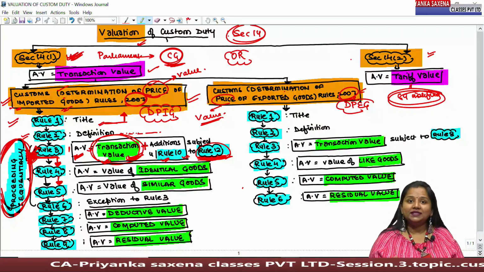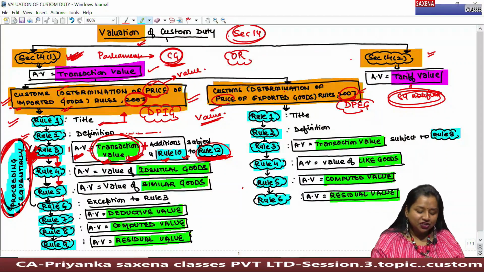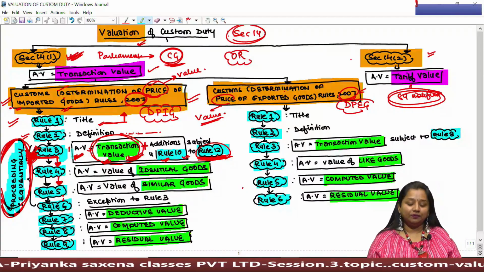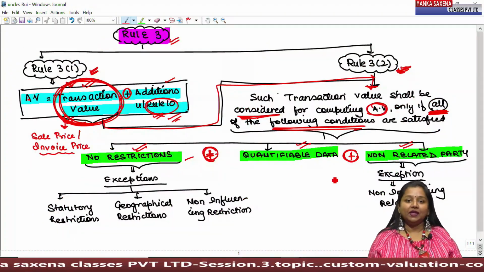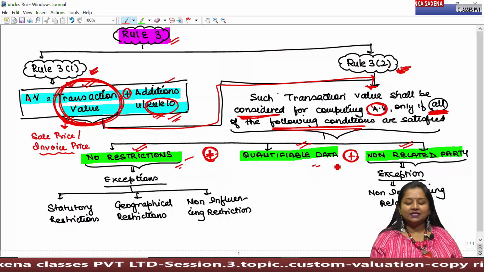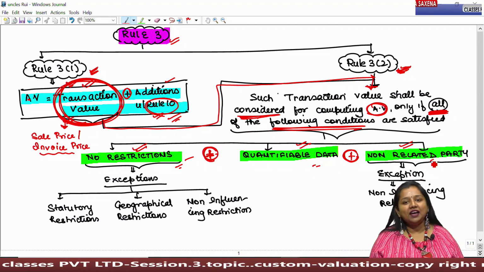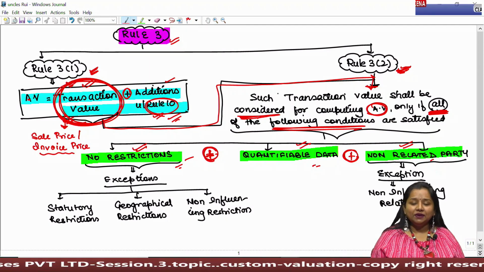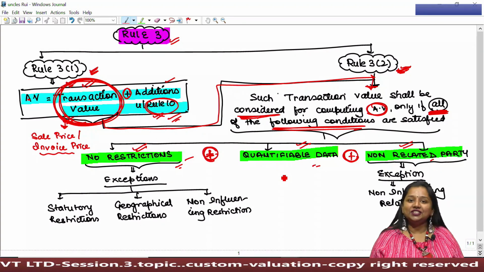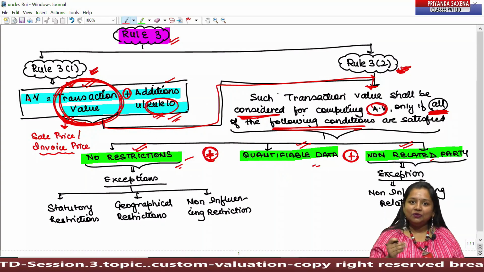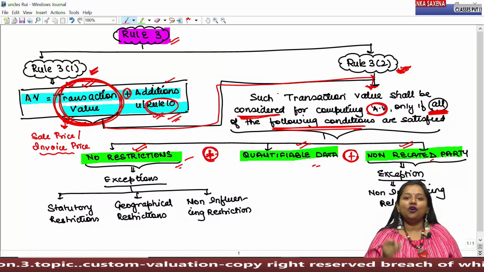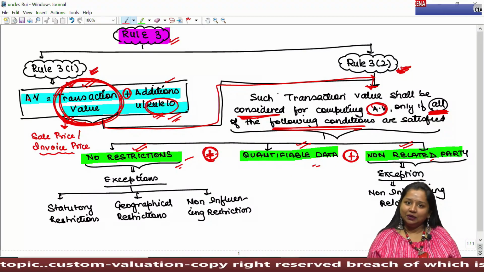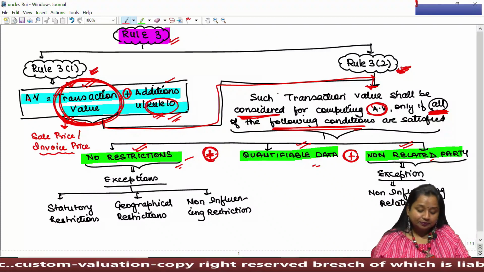They shall always determine this value initially under Rule 3, subject to the conditions given under Rule 3. And if these conditions get satisfied, then always you have to apply Rule 3. However, if any of these conditions does not get satisfied, then by proceeding sequentially, valuation shall be done under Rule 4 or Rule 5 and so on. That we will see over the period of time.